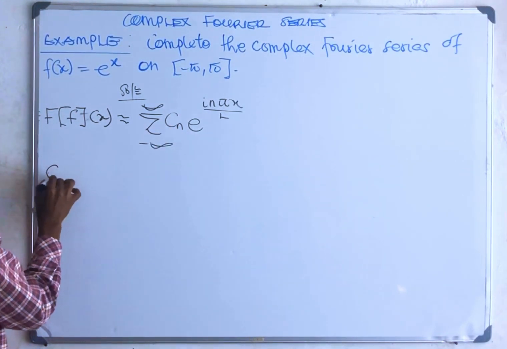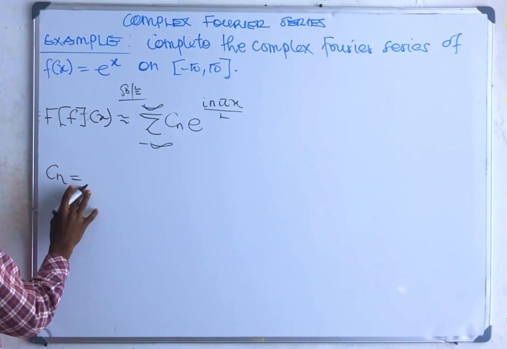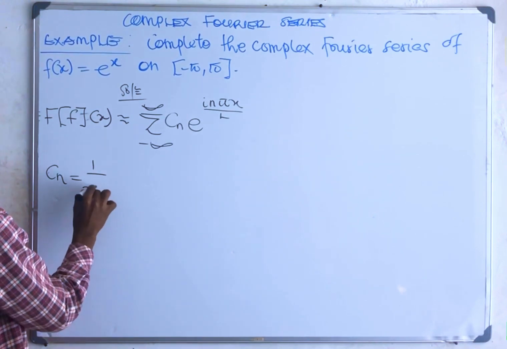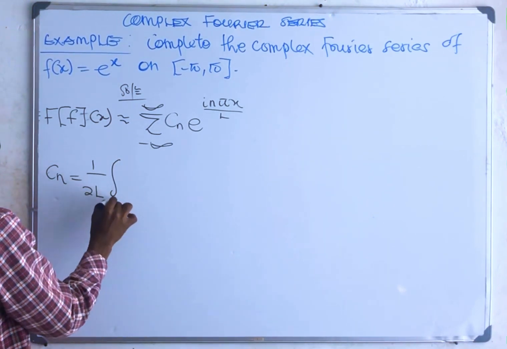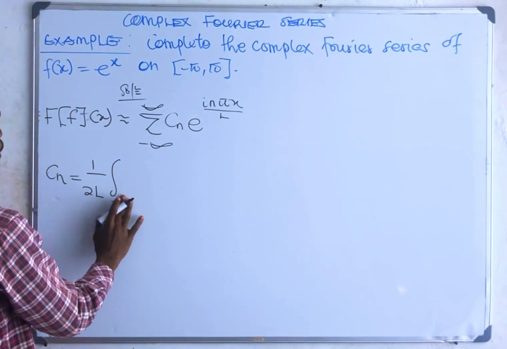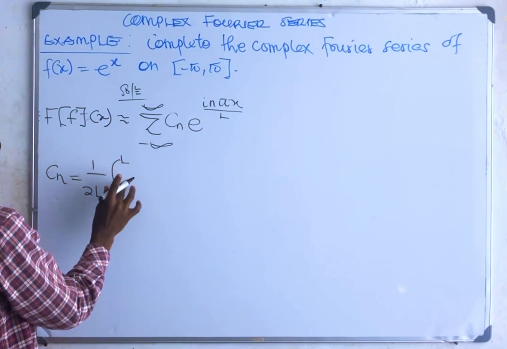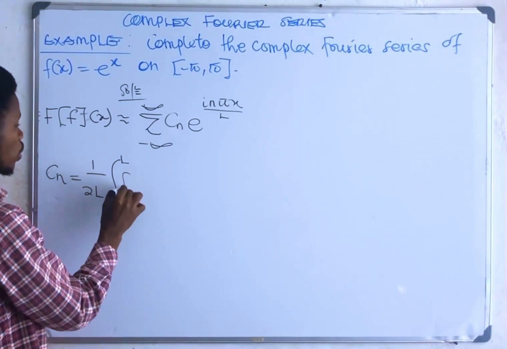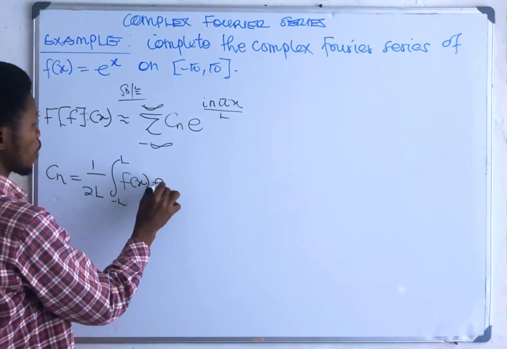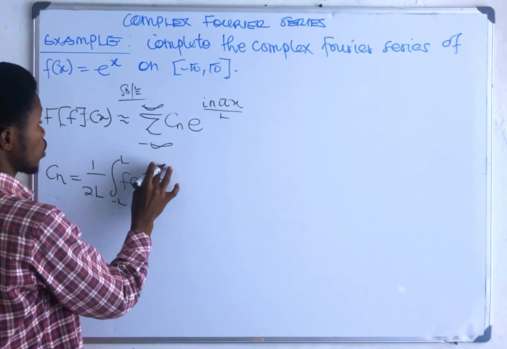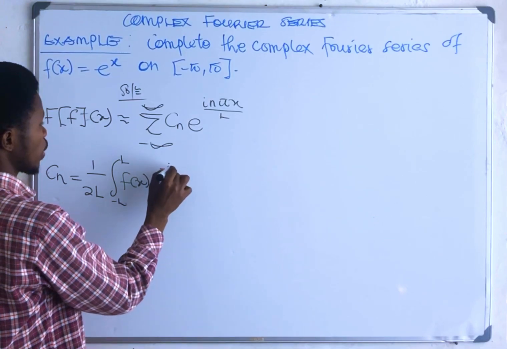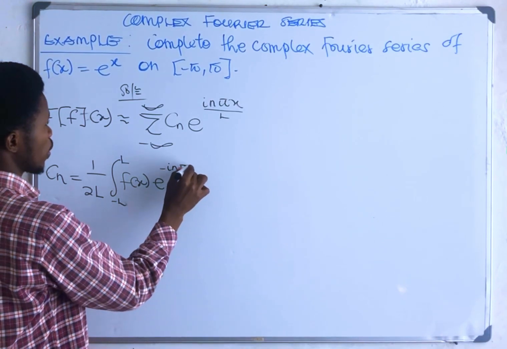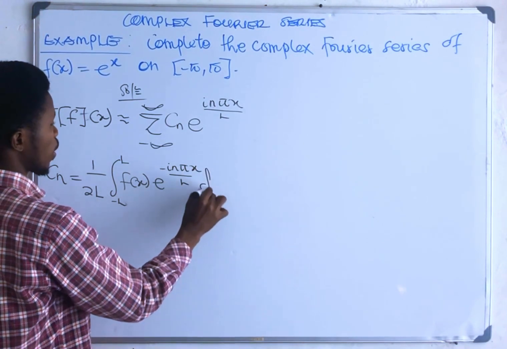So we need to find Cn, and we say Cn is given as 1 over 2L, write the formula, the integral of negative L to L, then the function given multiplied by e to the power negative i n pi x over L dx, right? This is the formula.